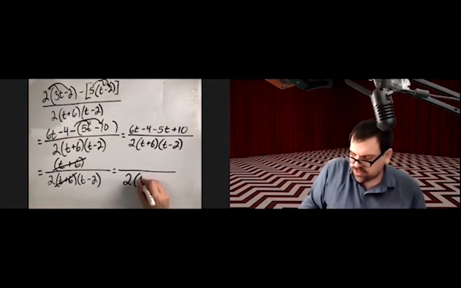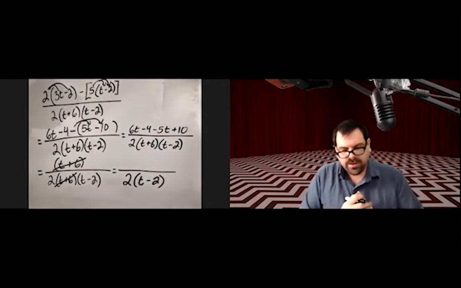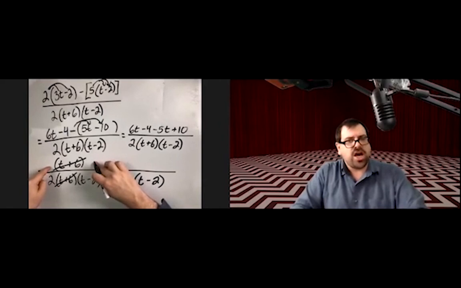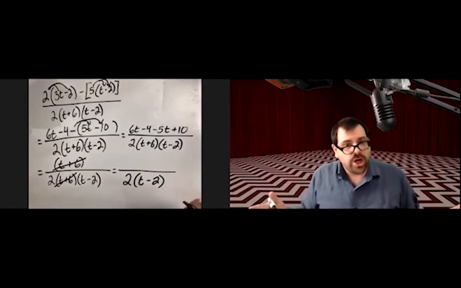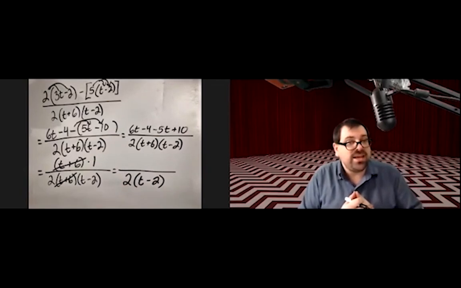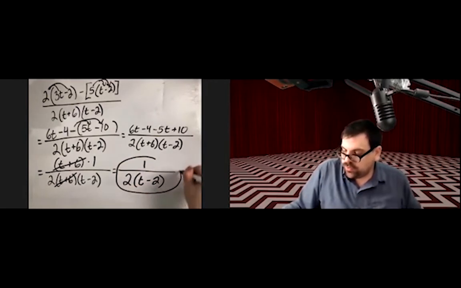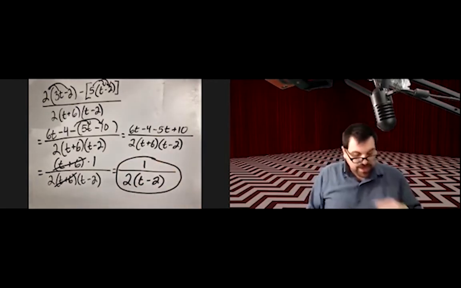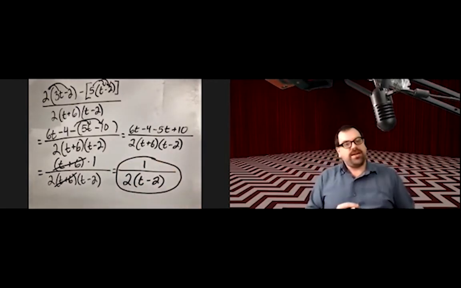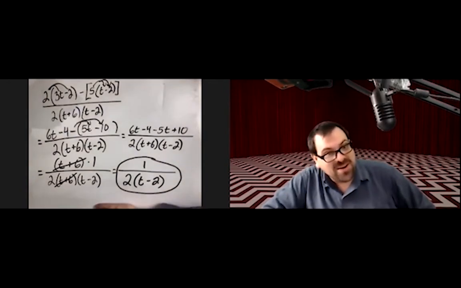We're just left with 2 times t minus 2 on the bottom. And there's nothing left on top. Again, is that 0? No, because anything has a times 1 with it that we just can't see. We are left with 1 over 2 times t minus 2. Leave the denominator in factored form. Fun, right?